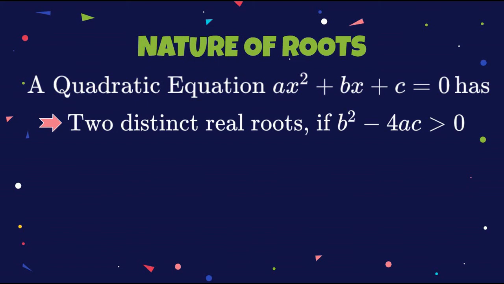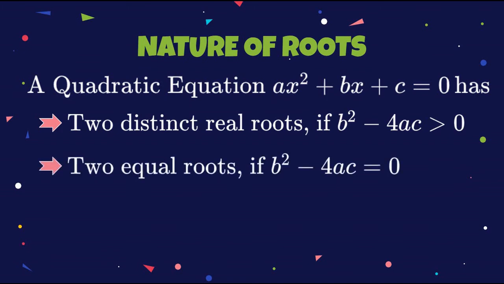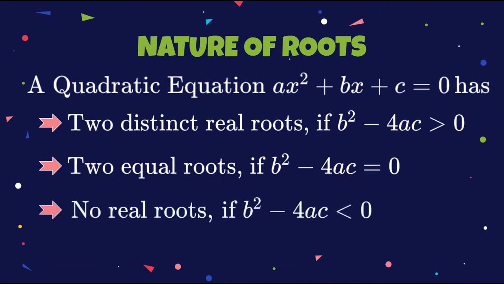So if b square minus 4ac is greater than 0, then we are going to get two distinct real roots. Alright, and then we are going to get two equal roots if b square minus 4ac is equal to 0, and we are going to have no real roots if b square minus 4ac is less than 0, because we are going to get negative values of b square minus 4ac.